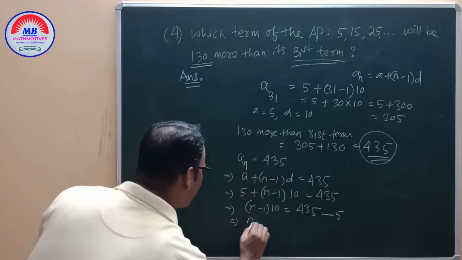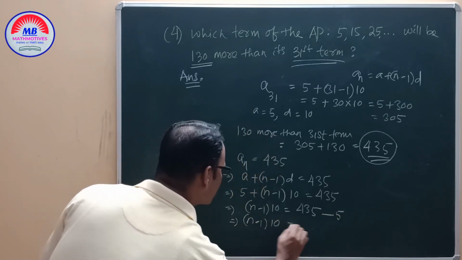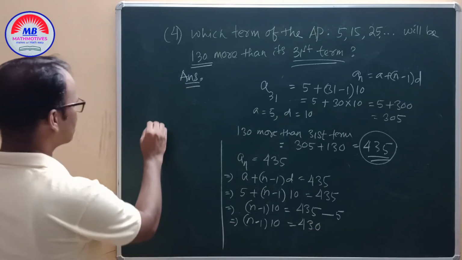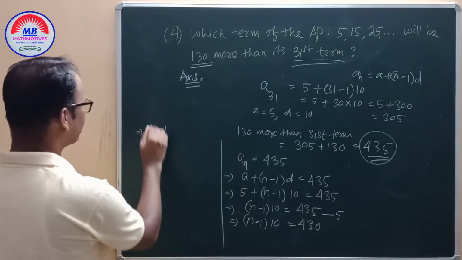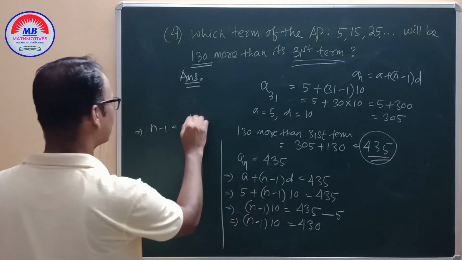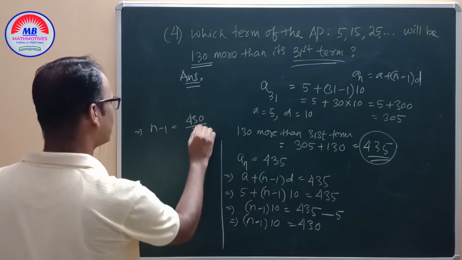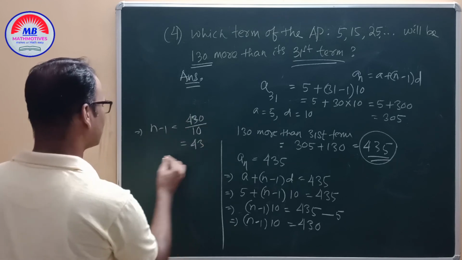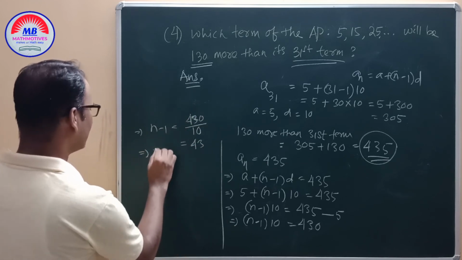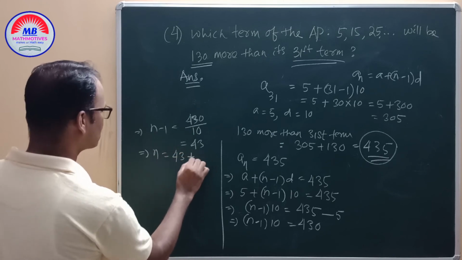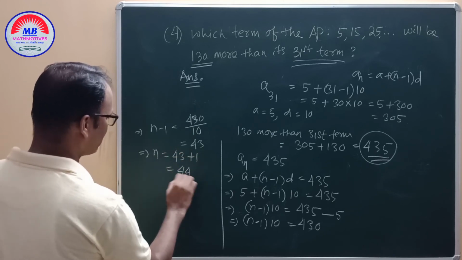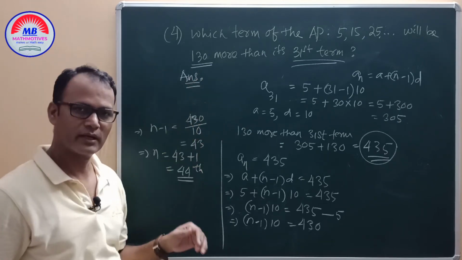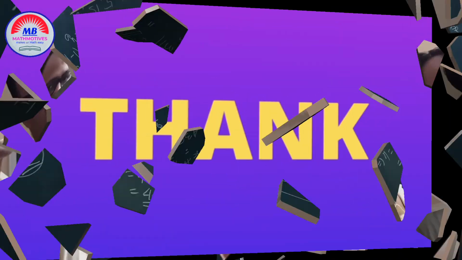Then n minus 1 into 10 is equal to 430. So n minus 1 equal to 430 divided by 10 equal to 43. So n equal to 43 plus 1, that is 44. That means 44th term is 130 more than 31st term.